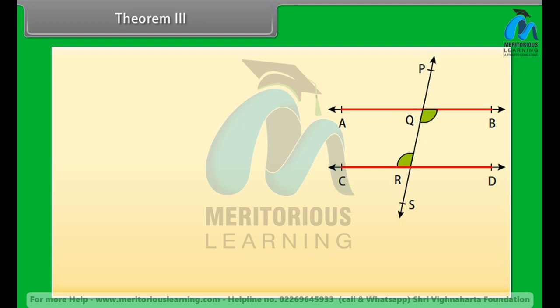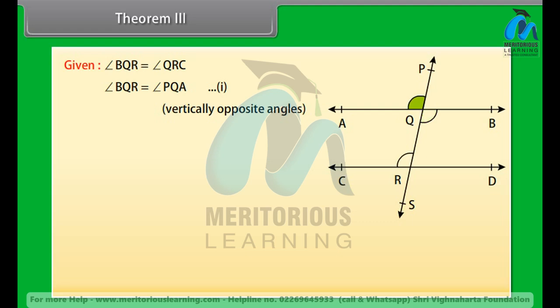Come, let us check. Here the transversal PS intersects line AB and CD at points Q and R respectively, such that angle BQR is equal to angle QRC. Also, angle BQR is equal to angle PQA, because these are vertically opposite angles. Mark it as 1. But angle BQR is equal to angle QRC given.